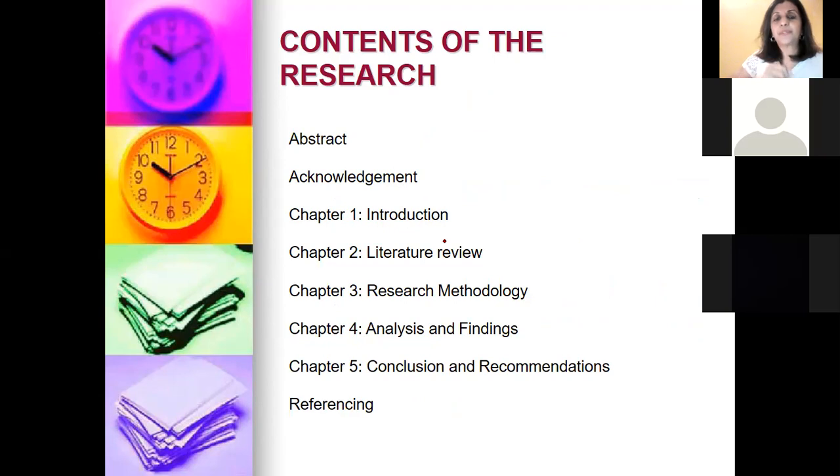A good abstract will cover the chapters without stating chapter 1, chapter 2, chapter 3, without saying in chapter 1, this is what I have found. In chapter 2, not so directly, but you write it in the flow to cover what you have done.